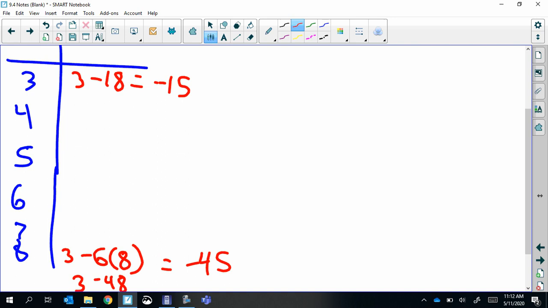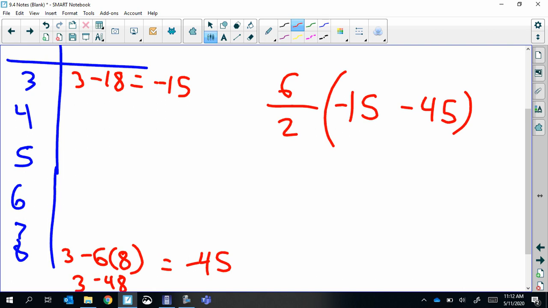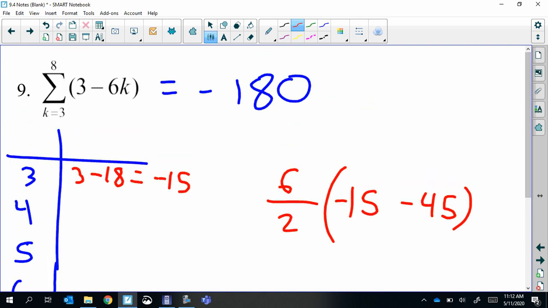So the formula is how many numbers we're adding up. So we're plugging in 3 through 8, which is 1, 2, 3, 4, 5, 6 numbers that we're adding up. And then the first number and the last number. And this formula will give us the answer using that formula from before. The only thing I want to point out is by counting those right there, 3, 4, 5, 6, 7, and 8, we got 6 numbers.